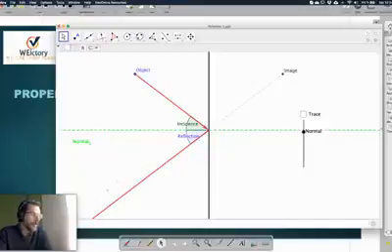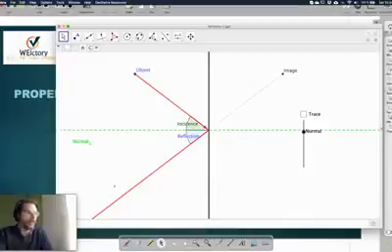Now, for someone that's standing on the bottom left side of this diagram, a ray would be received as if it were coming from the other side of the mirror, from a point located on the other side, which is what you see every day when you watch yourself in front of a mirror.